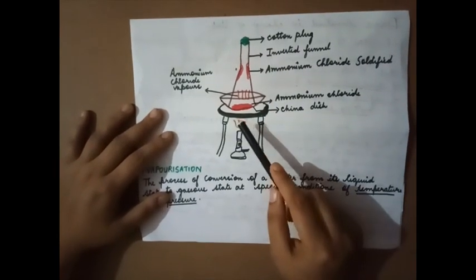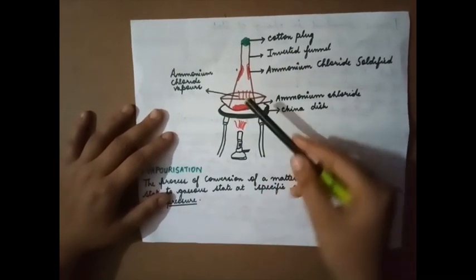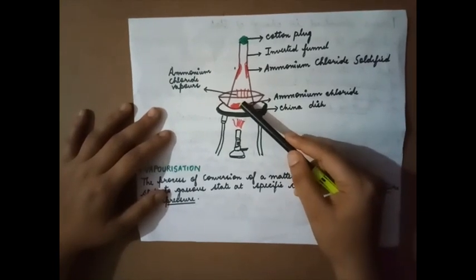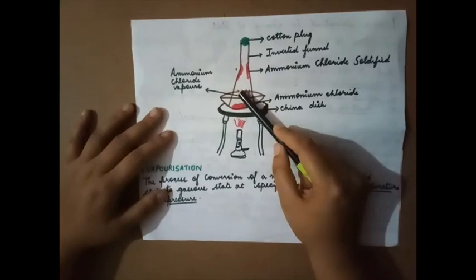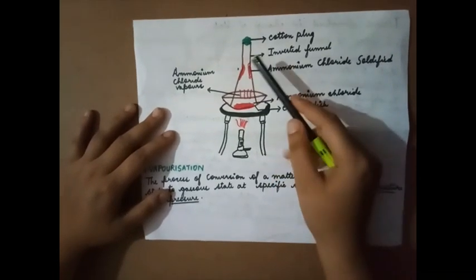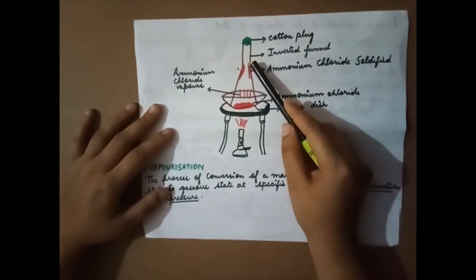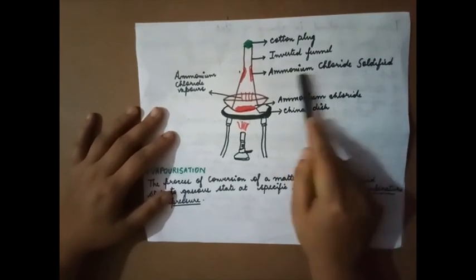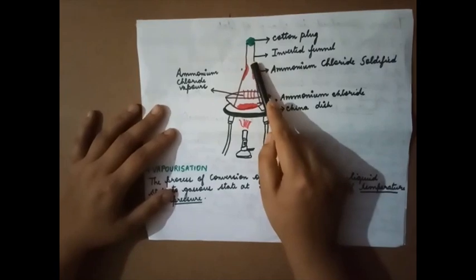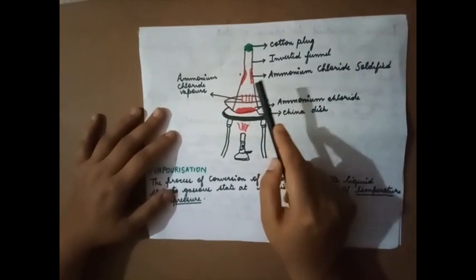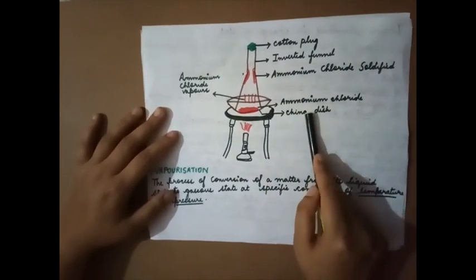Now what happens when we start heating? Once we start heating, we see that the solid is getting converted into its vapor. Now as it is moving up, we see that the vapors are cooling down and form ammonium chloride solid. Here once it cools, I told you it forms solid. So this is an example for sublimation.